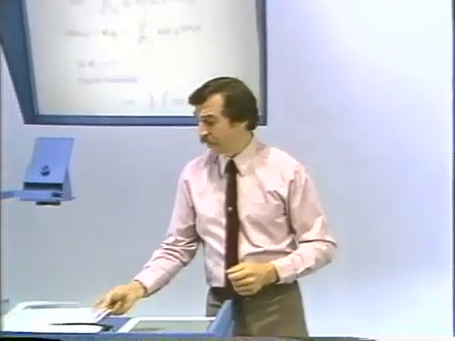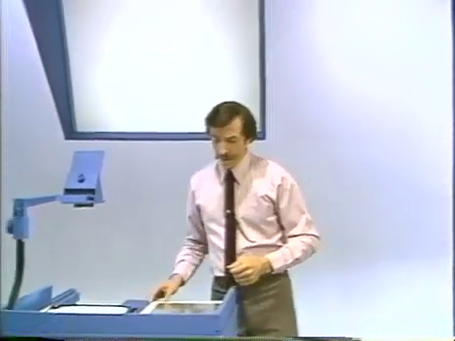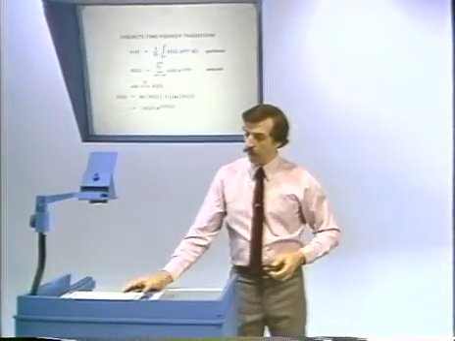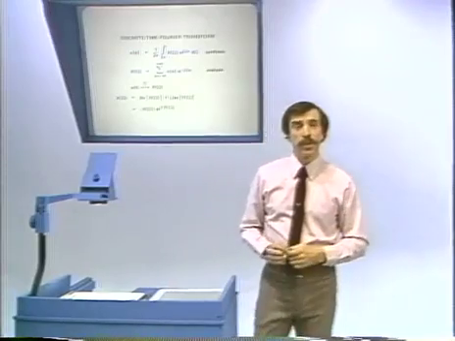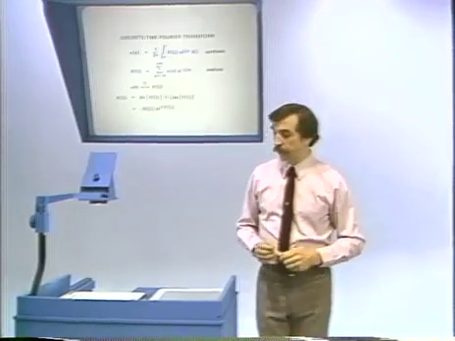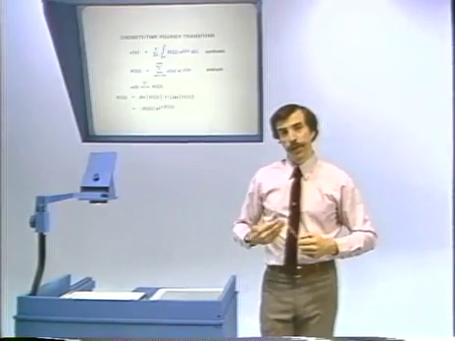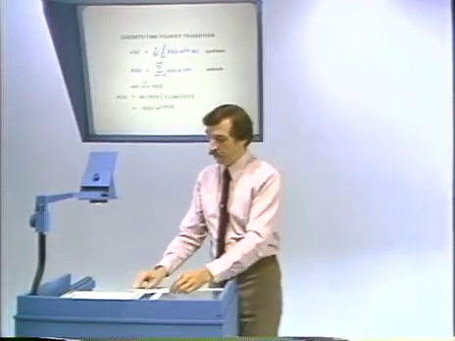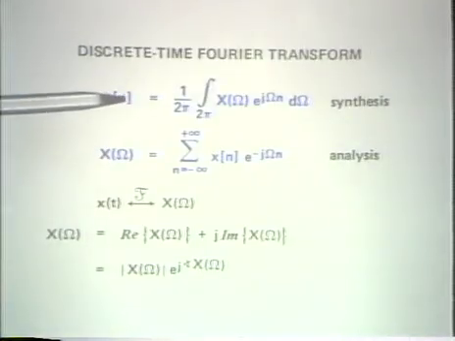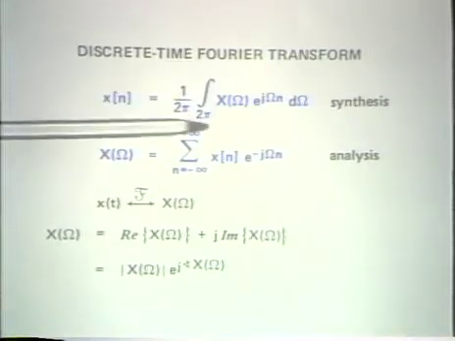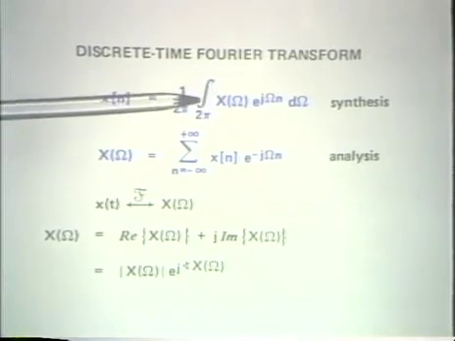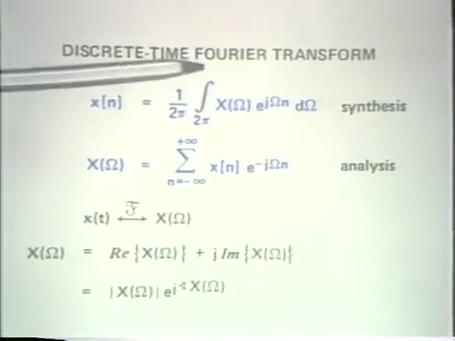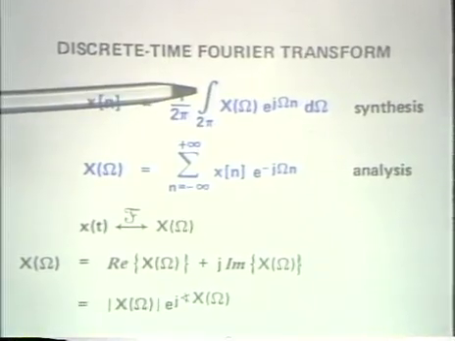So what we have then is the discrete-time Fourier transform, which is a representation of an aperiodic signal. And we have the synthesis equation, which I show as the top equation on this transparency. And this is the integral that the Fourier series synthesis equation went to as the period went off to infinity.